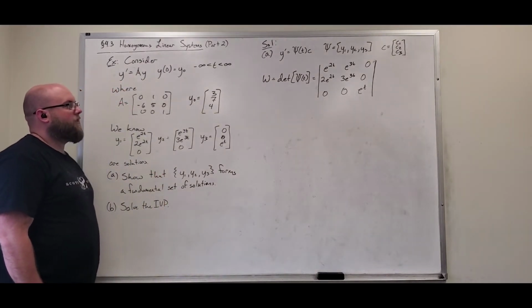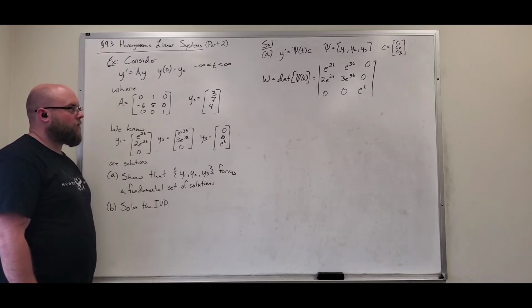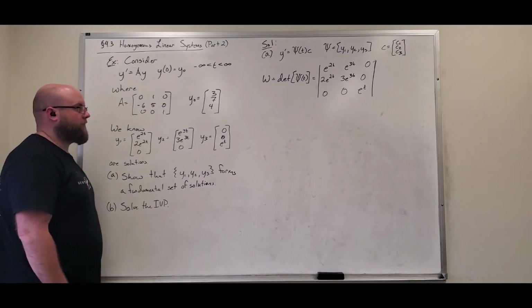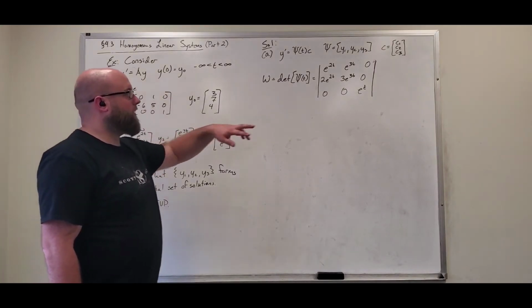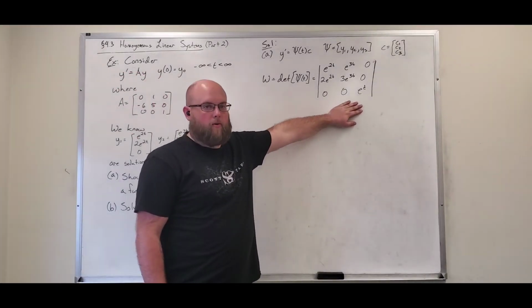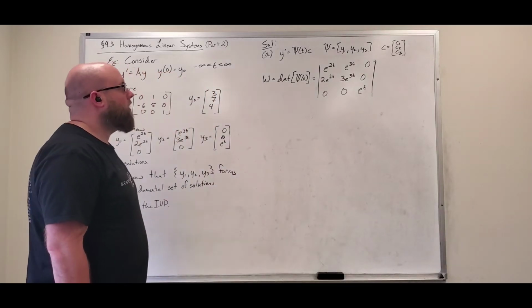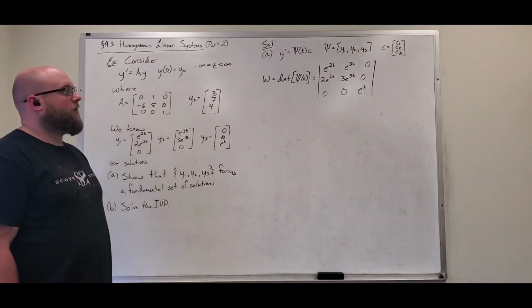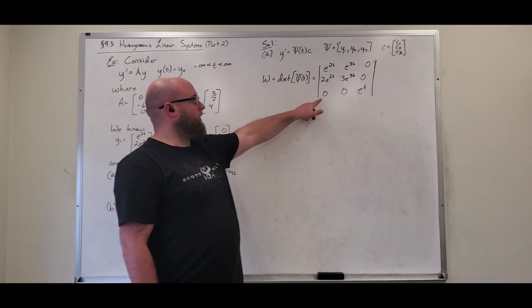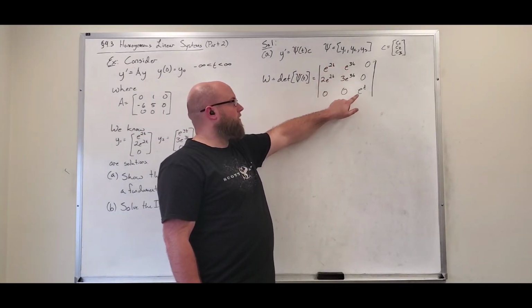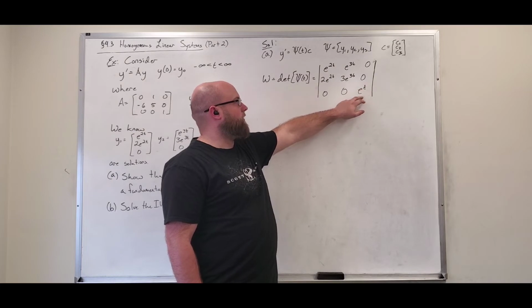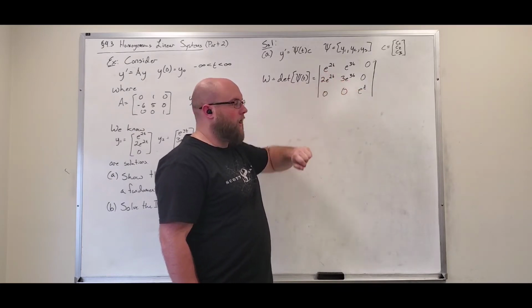And the best thing to do is look for either a row or column that has a bunch of zeros in it, because then that makes life a lot easier. So the nice thing about this one is I'm going to use the bottom row to determine my determinant of this particular system. The nice thing is when I'm dealing with these two, those minors go away. So the only thing I have to do is say e^t times its minor for this particular problem.